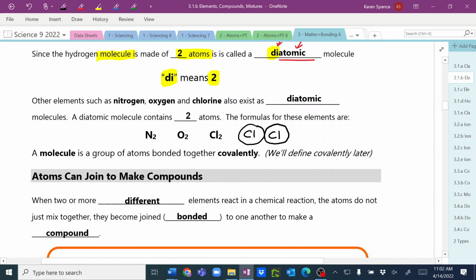And this is a molecule that is bonded together covalently. What that means, and we will talk about this a lot more later on, is that when things are bonded covalently, they share electrons. Okay, so don't worry about it too much for now, but this will come up later, so you might as well hear the word now. So this is a molecule of an element.